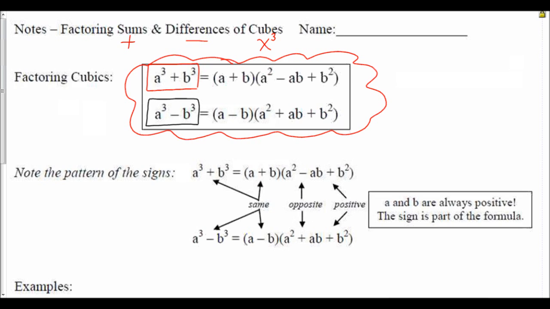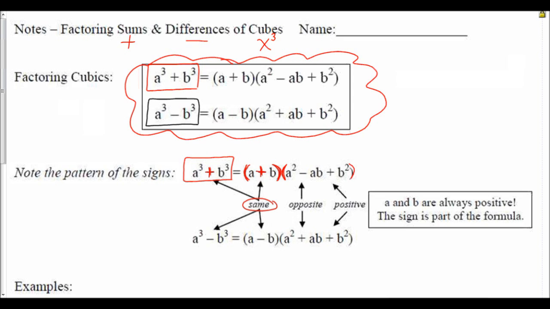If we start out with a cubed plus b cubed, our first factor is a plus b. So we lose the cubes, and the sign in the middle is the same sign as we had in the original problem. Then we have a second factor.